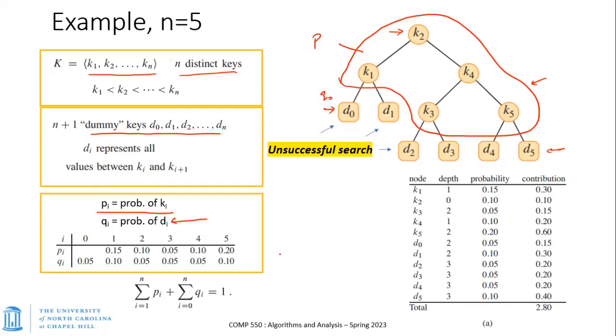And now the sum of P sub I and Q sub I, if you sum them over the entire thing, is going to be equal to 1. So this is a slightly more complex version of the same problem, but essentially it has the same intuitive concepts behind it.